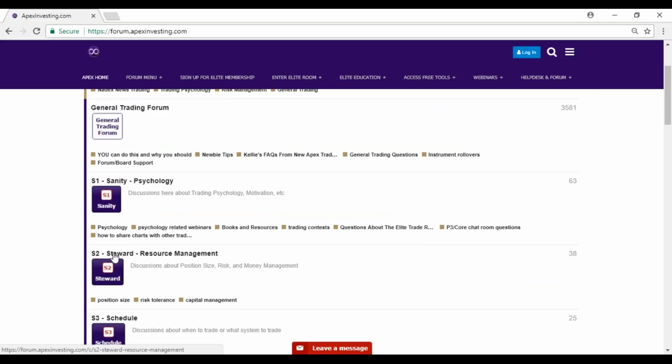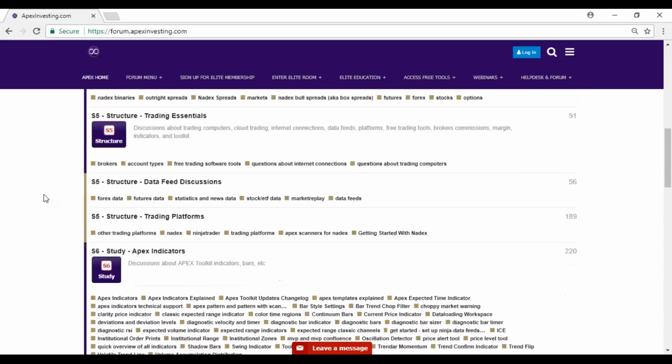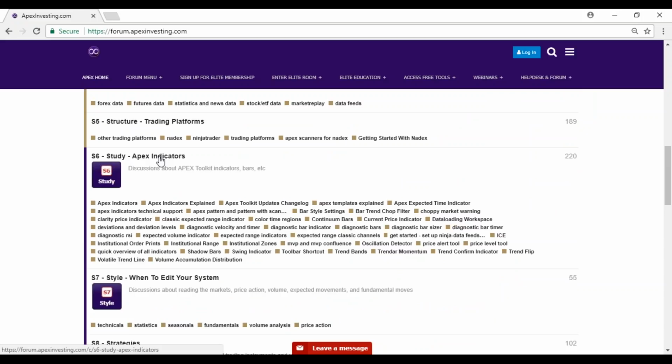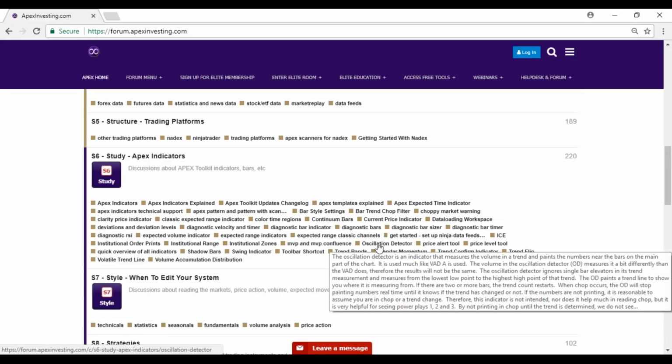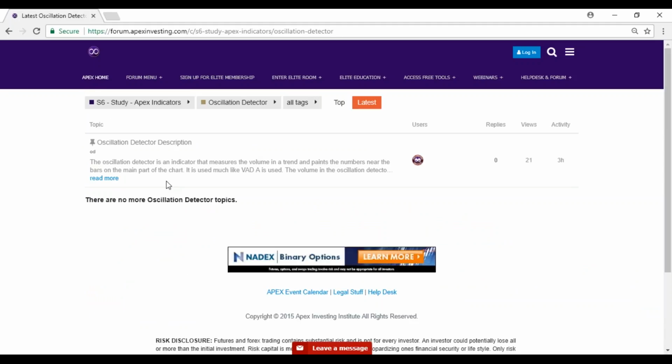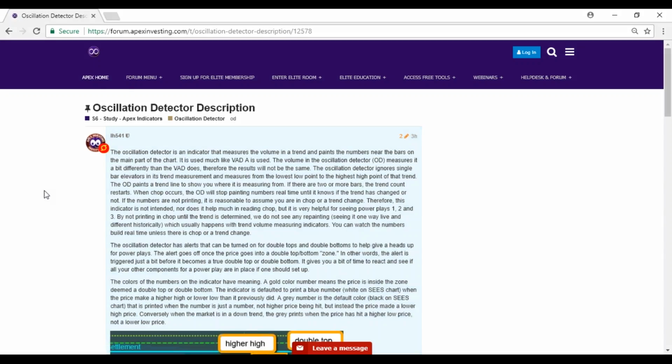S1, section 1, S2, section 2. S6 is Apex indicators. All our different indicators are in here, and right here you've got oscillation detector. If you want to look up information about it, it's not in the power play section. It's not in the systems section. It's in the indicator section. Make sense? So let's just go through this together here.